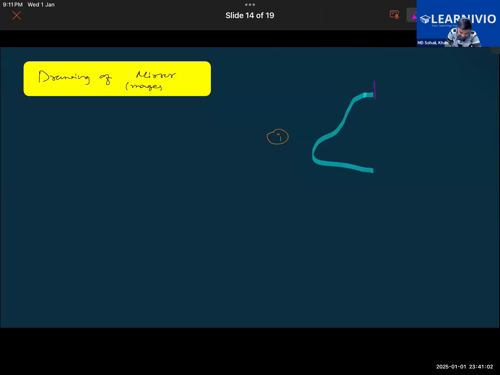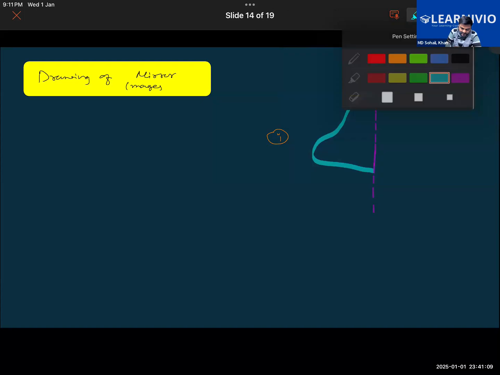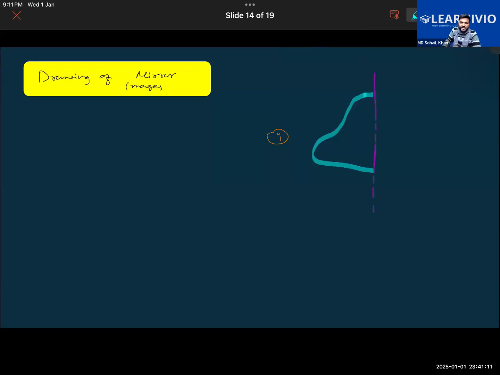So draw the line of symmetry like this. Getting it? Keeping this line of symmetry in our mind, we are going to draw the other half. So that will be like this. That is how you can draw the mirror of the object here, keeping the line of symmetry in mind.